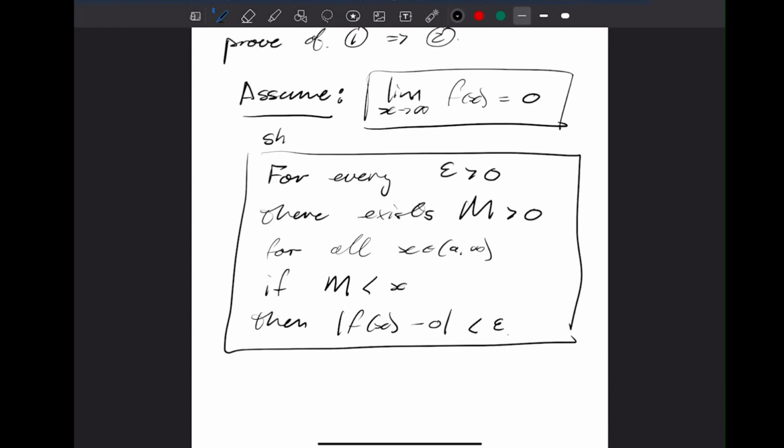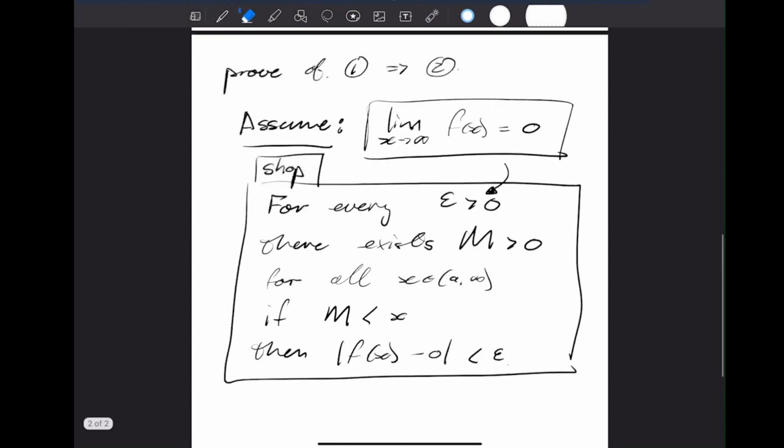And this is a shop. If we bring an epsilon, this shop will sell us an m that works with the epsilon that we bring, but we have to bring one.